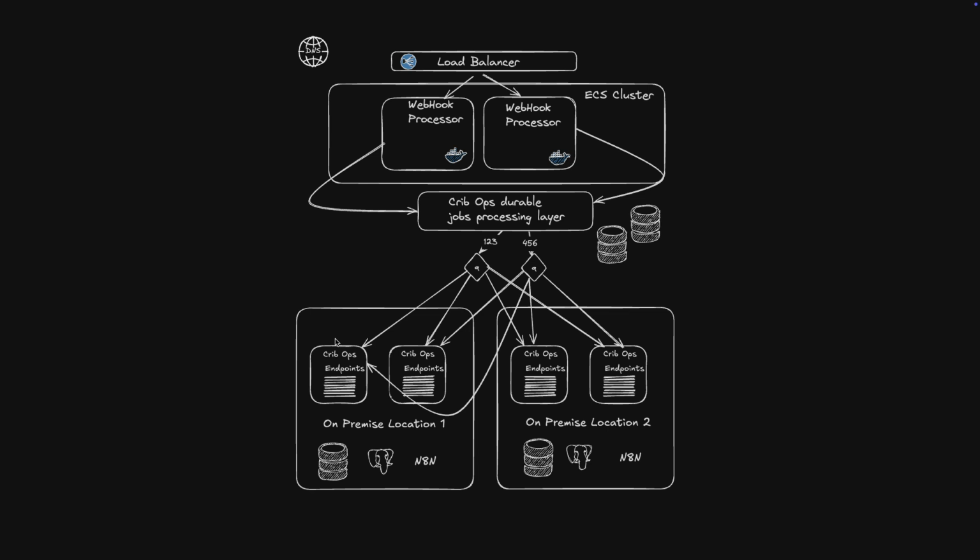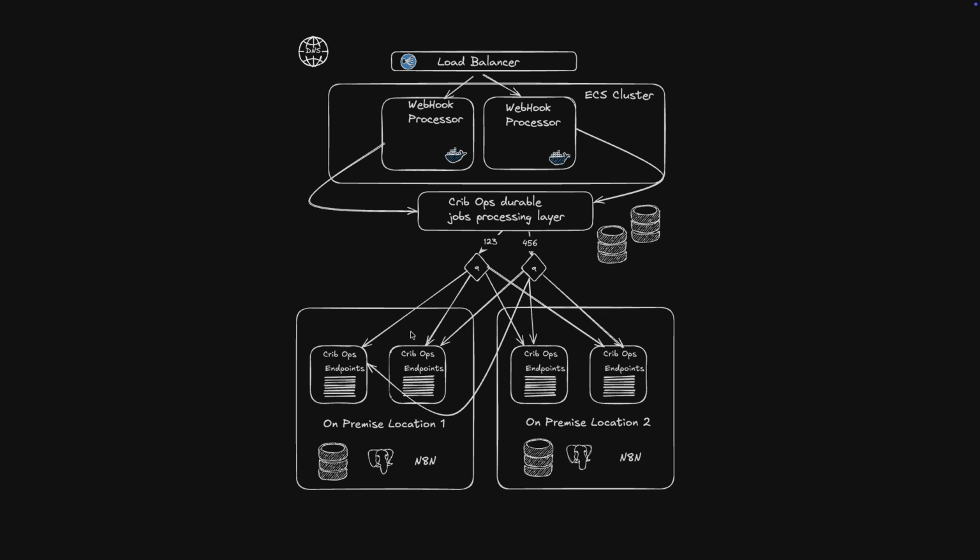Wherever you have CribOps running, which is a Docker container that includes the CribOps software and a Postgres database, it consumes from these queues and then sends the message to the appropriate n8n or whatever endpoint you have, whether that's on premise or it's out in the cloud somewhere.